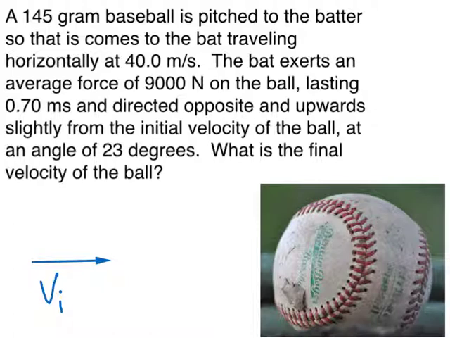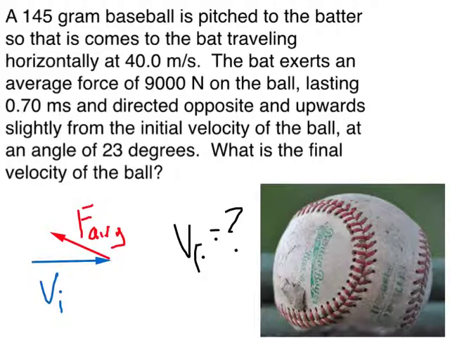And so I visualize that as looking something like this. It says a 23-degree angle upwards, slightly upwards. And so this is the force, average force. And we are asked to solve for V final. So we're not exactly sure what that's going to be.